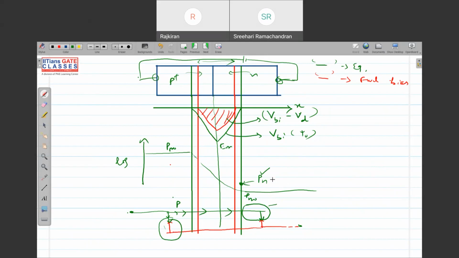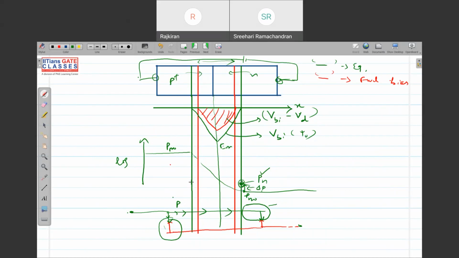Now there will be an interesting thing that will happen. This Pn, what is this value of Pn? Now my question is, since Pn has an increase from Pn0, there will be a change in the minority carrier concentration. What is this delta P? If I apply an electric potential externally, there is a change in minority carrier concentration.